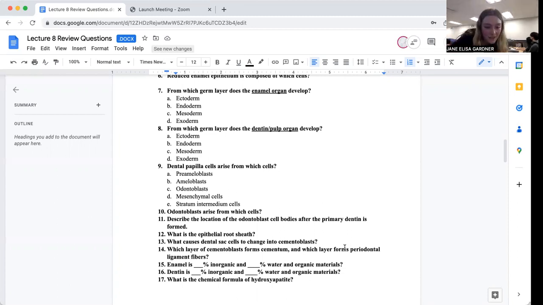Okay, 11, describe the location of the odontoblast cell bodies after the primary dentin is formed. So if it's traveling downward, where do you think it would be once they finish putting down all the dentin? Yes, but in what chamber?